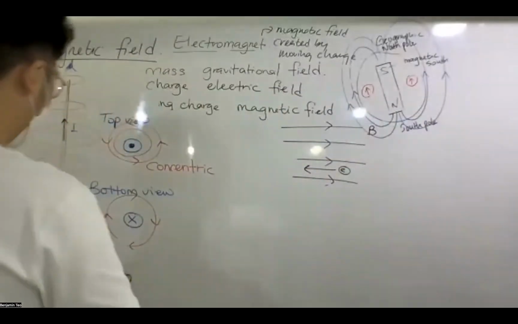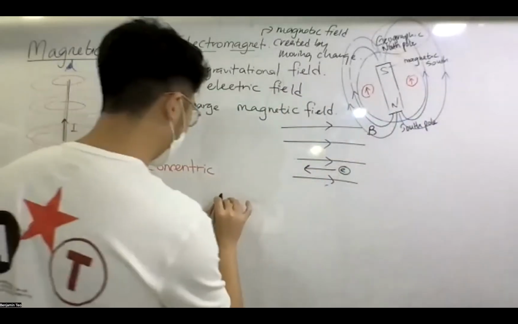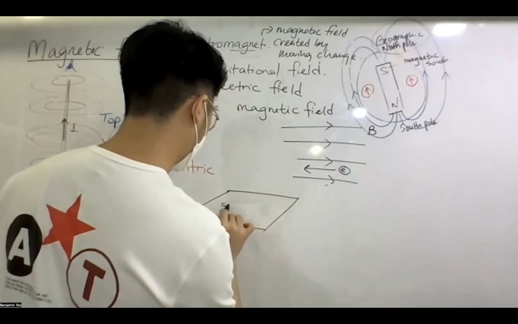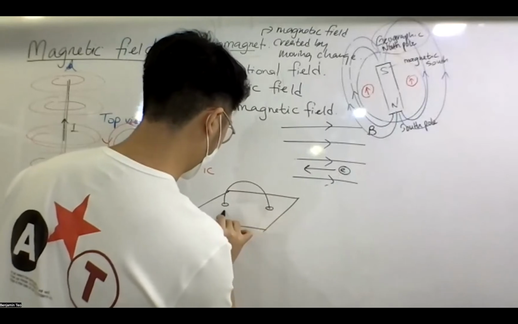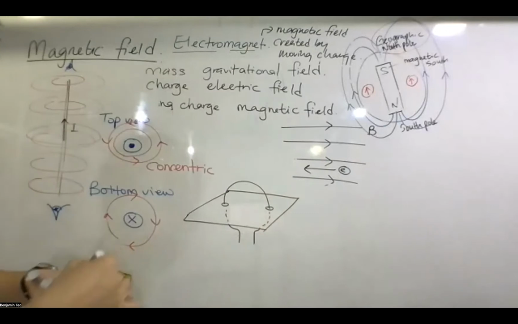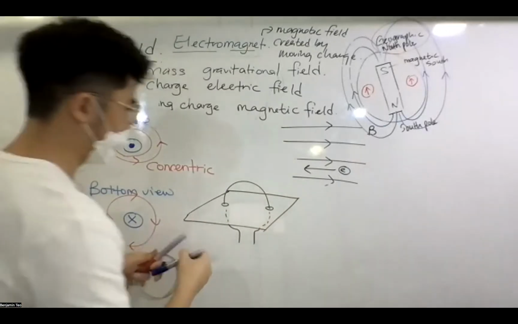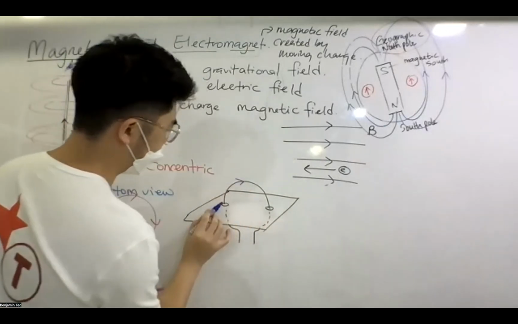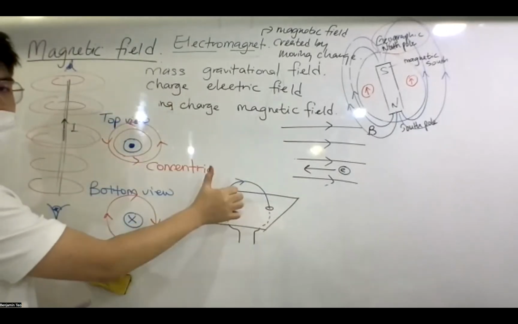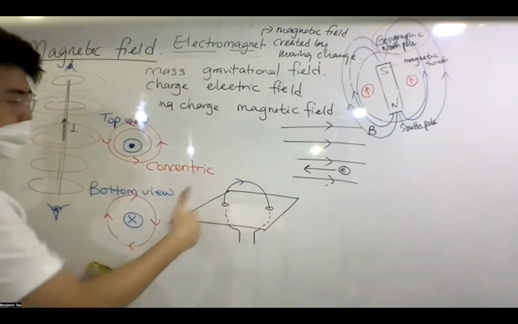Current flows from here to here. Then you go up and curve.